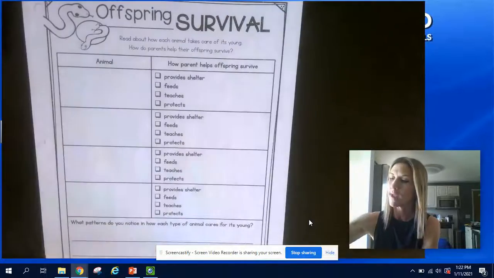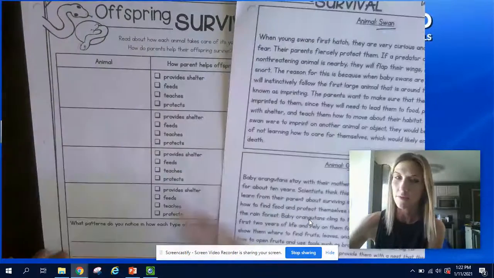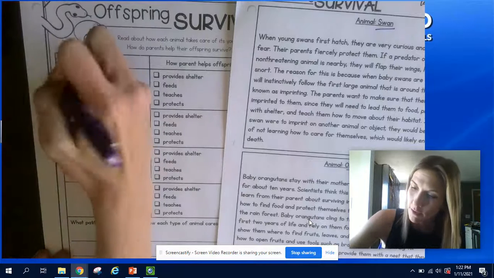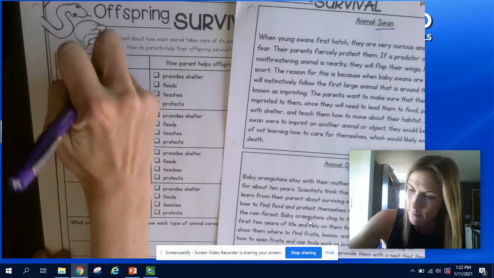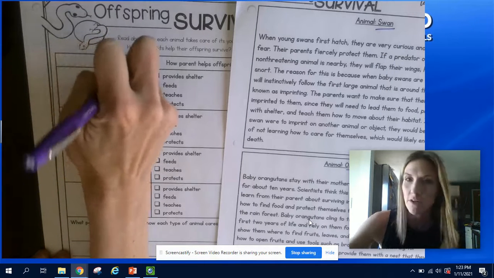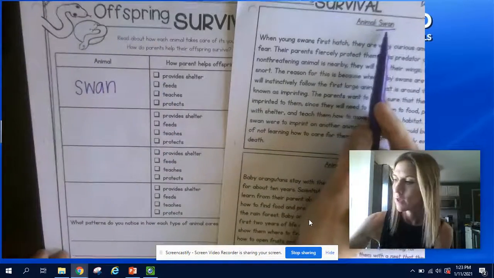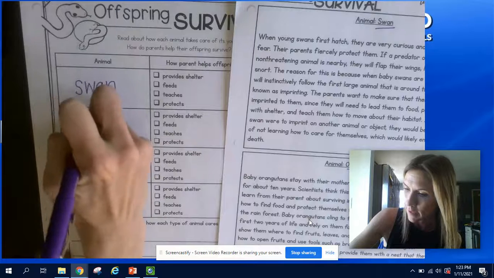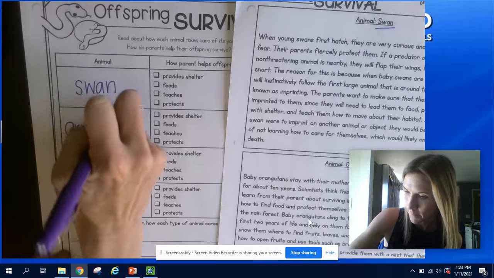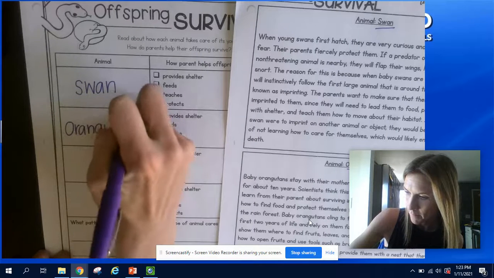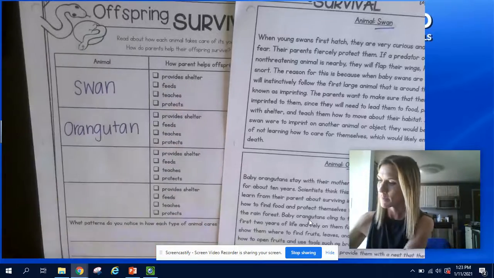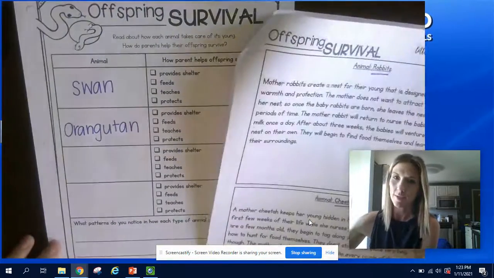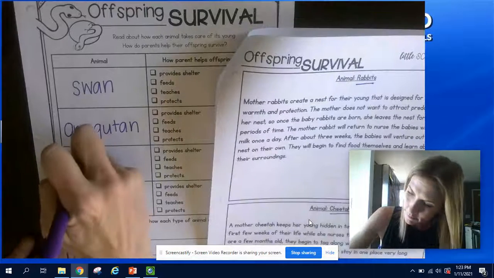You're going to write those 4 animals in these boxes right here. So I'm going to go ahead and do that. I'm going to write swan is my first one. Orangutan is my second one. That's kind of like a monkey. Okay. Then the next one is a rabbit.